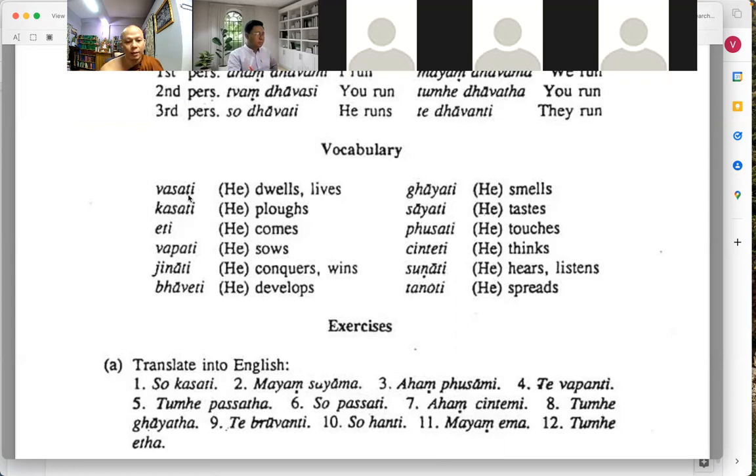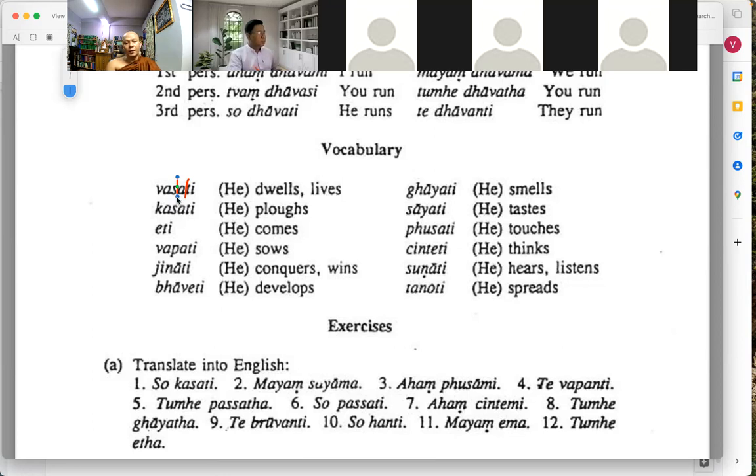Here vasati, okay, vasati. So by removing the ending, we have the vasa base. Vasa means to dwell or to live. And here you see the ending one is a, you see. By removing this we have the root vas. Root vas also means to live or to dwell or to stay.